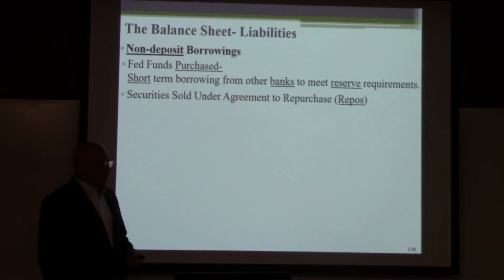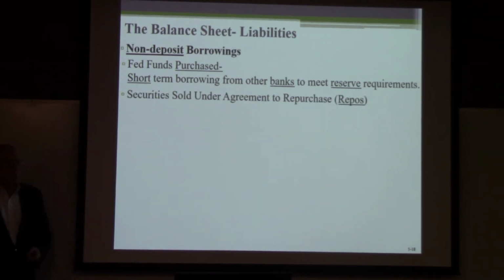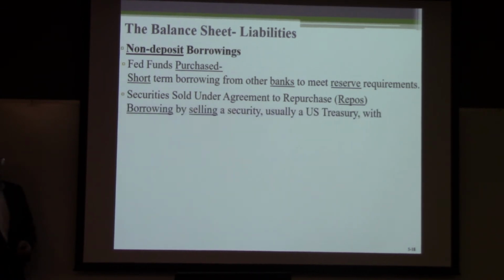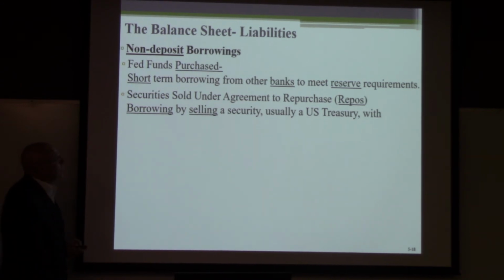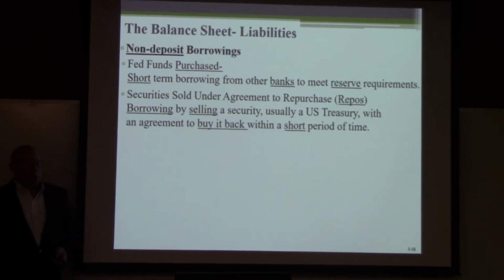Then you have securities sold under agreement to repurchase. This is, again, just another type of Fed funds. You sell a security, usually a treasury, with an agreement to buy it back. So you're using your security as collateral, basically.